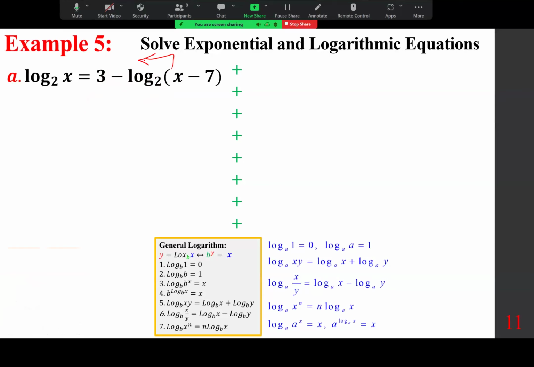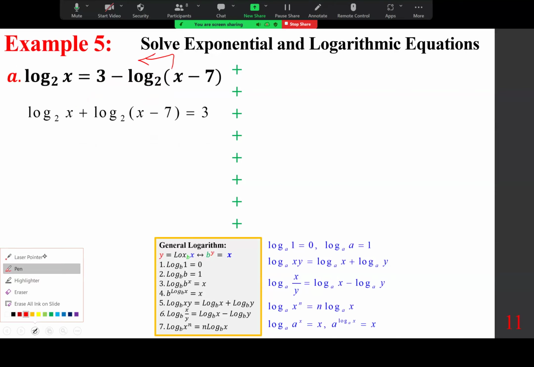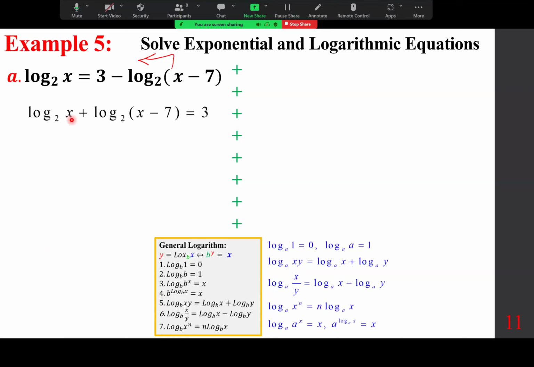So we have log x base 2 plus log x minus 7 base 2 equals 3. Now we're going to combine the two on the left side using the product rule. So it becomes log base 2 of x times x minus 7 equals 3.